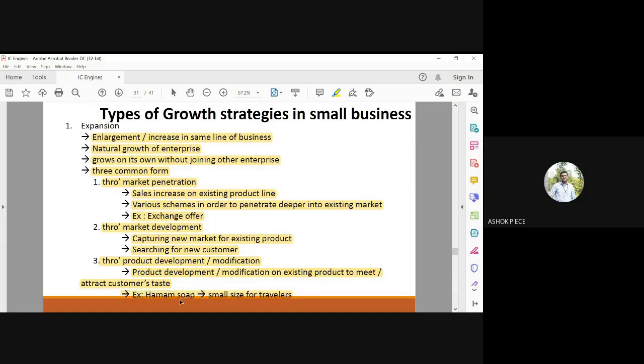So when the same Hamam soap is made as a small handy soap for traveling, that is a small innovation done. So that is a way of capturing the market. The same product is slightly modified to meet the customer's taste. That is going to be the third strategy. The first one is market penetration, second one is market development, and third one is product development or modification.